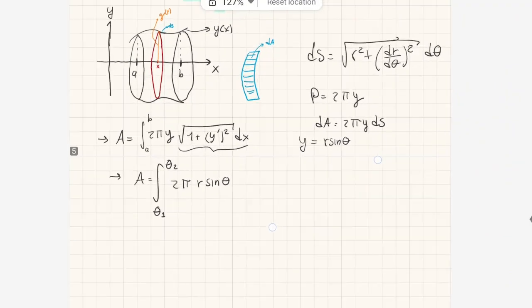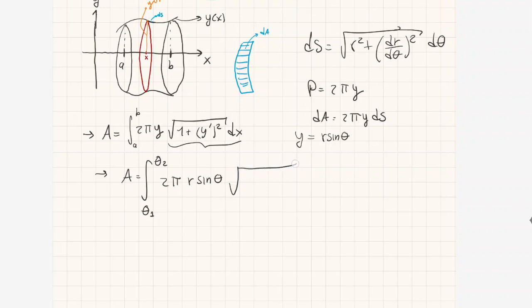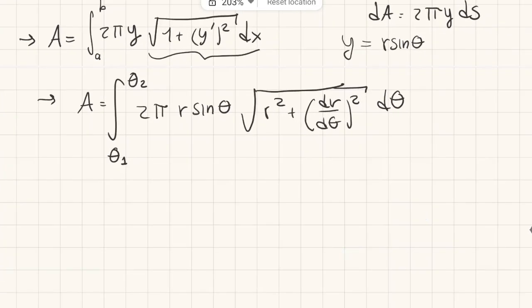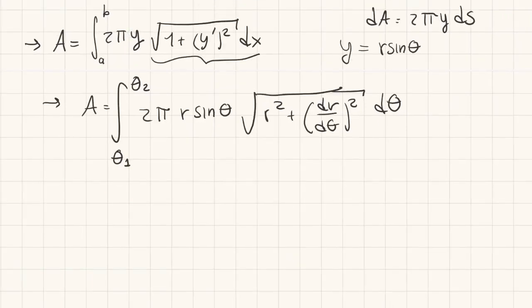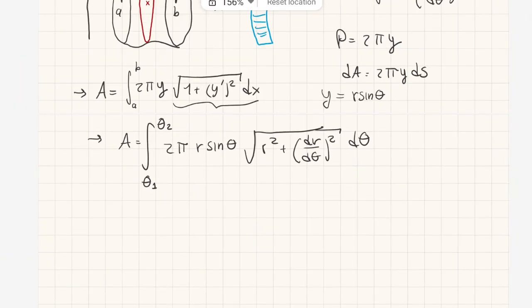And then ds, but ds is equal to the square root of r squared plus the derivative of r with respect to theta squared, and then d theta. Okay, perfect. So I think this will be the final formula for the area of the surface of revolution, but for the curve r of theta in polar coordinates.